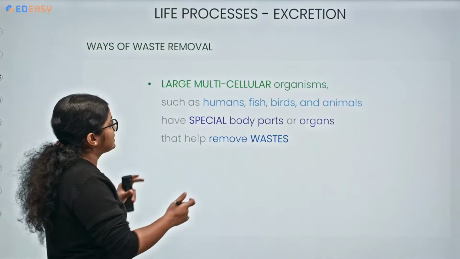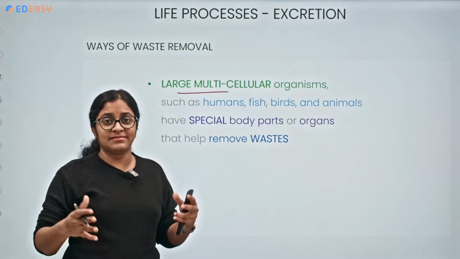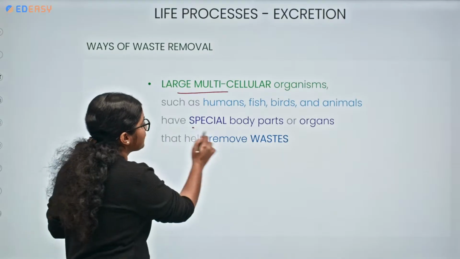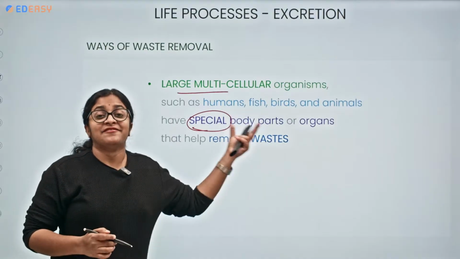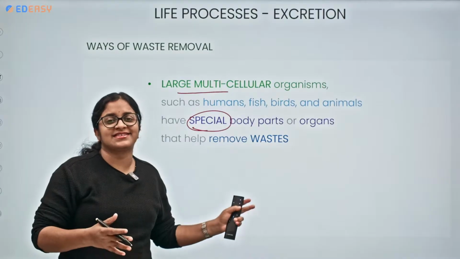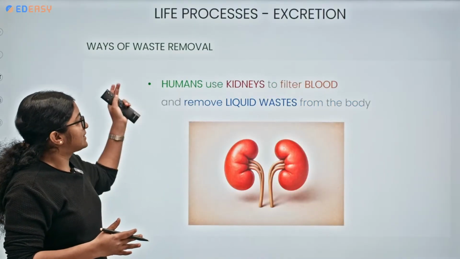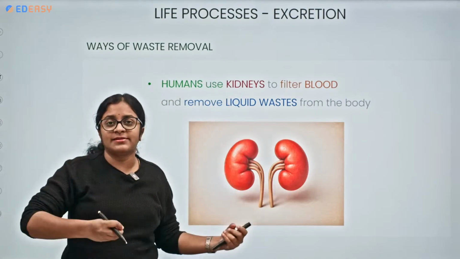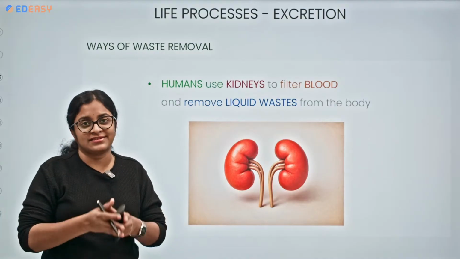Large multicellular organisms like humans, fishes, frogs, birds and other animals are characterized by certain special body parts or organs responsible for the removal of waste. In humans, we have the kidneys for the filtration of the blood, for the removal of unnecessary, unwanted or waste substances.